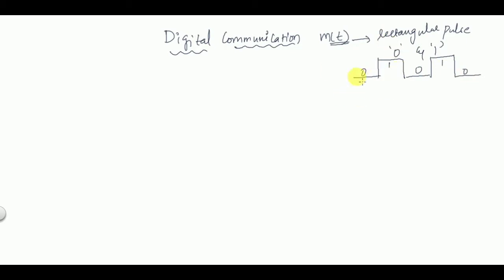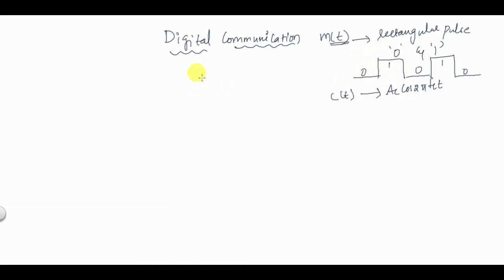So this will be your m(t) in the case of digital communication. And c(t) is the same carrier, which is a high frequency signal Ac cos(2π fc t) if you are using bandpass data transmission. We'll see about this later.